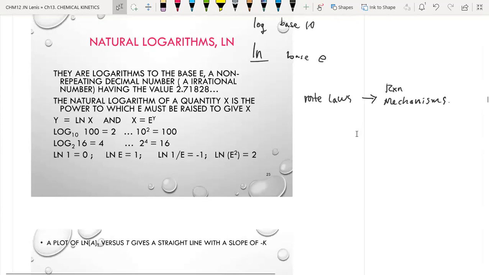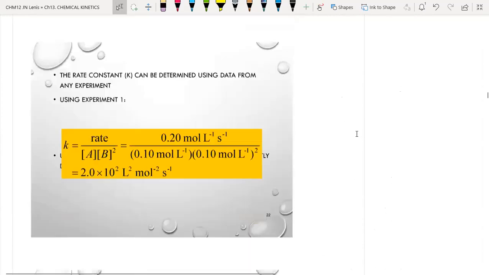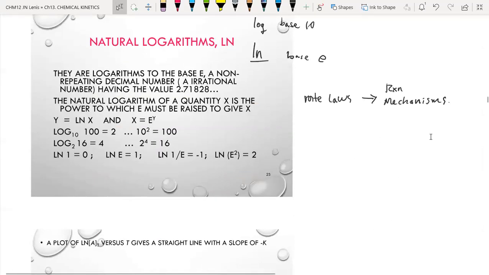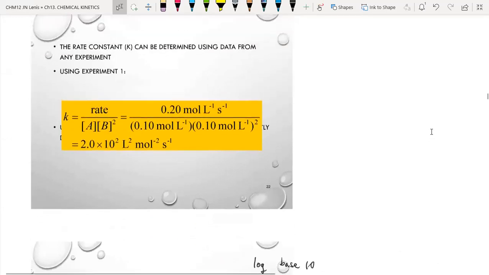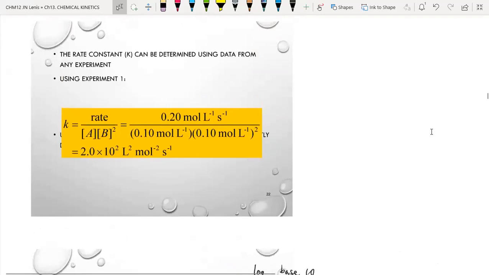Why is that? Look at the rate law. Oh, I didn't finish it, sorry. Once you know the equilibrium constant, sorry, not equilibrium constant, again, it's my fault. Rate constant. Once you find the rate constant, now we need to express the complete rate law. I didn't do that.